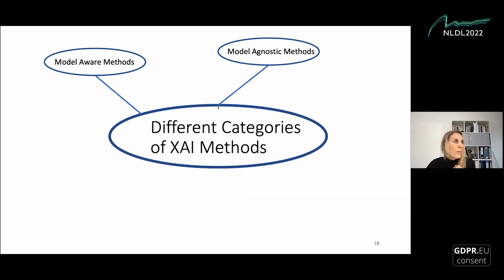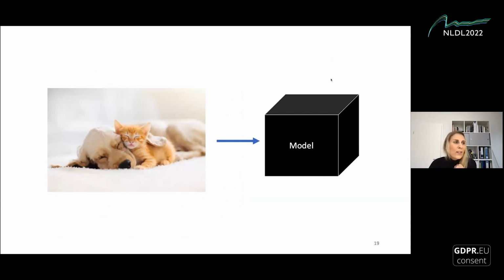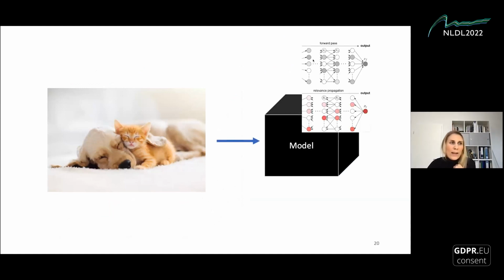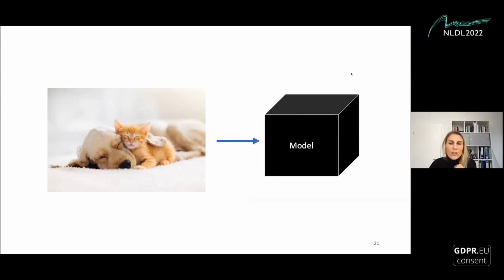Okay, then we have model agnostic methods. So here we don't have this white access to the model. We really just have our black box model. What we can do here is only change and modify the input image and always query the new predictions the model gives us.